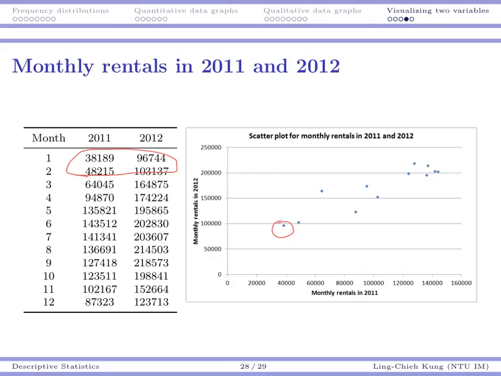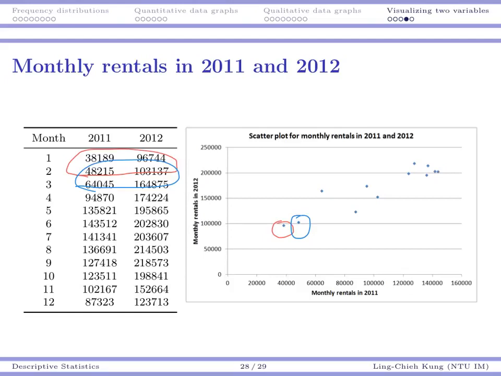For February, we have around 5,000 and again around 100,000, so it's this point, and so on. All you need to do is to plot each of these points onto this plot, and then you will get a scatter plot.